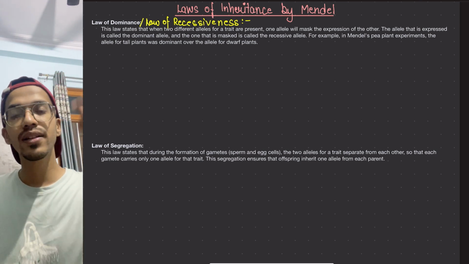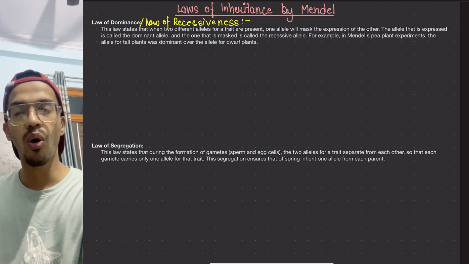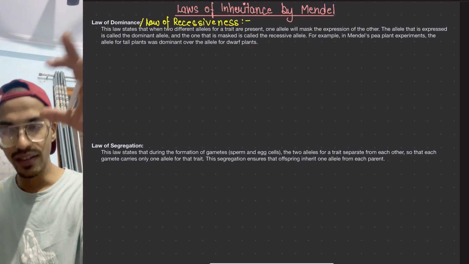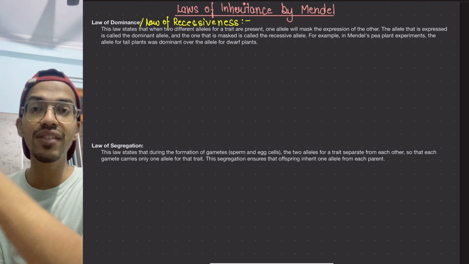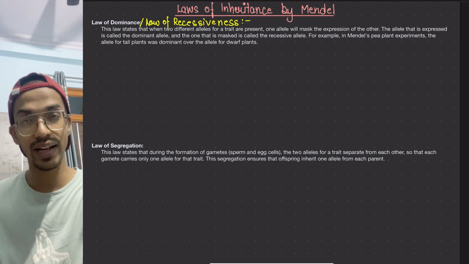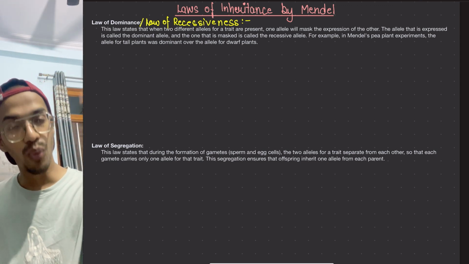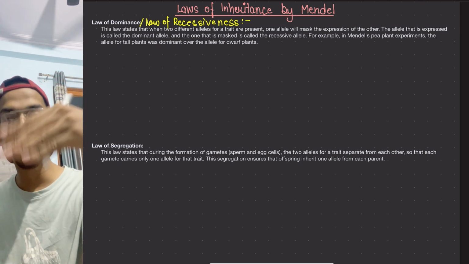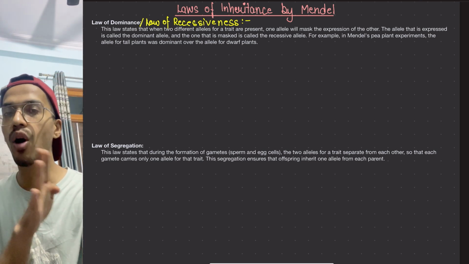So I told you that if we are taking it as the law of dominance, it is a law which states that the factor which expresses itself in the F1 generation when a cross between two contrasting characters of the same factor is made, the one which phenotypically expresses itself in the F1 generation, overriding and masking the effect of the other one, is known as the dominant character, and this is the law of dominance.